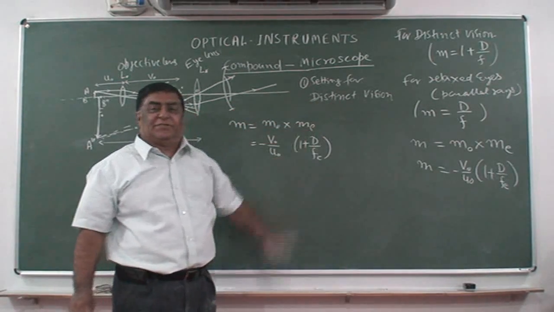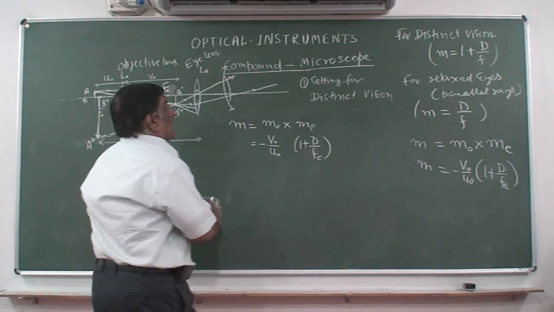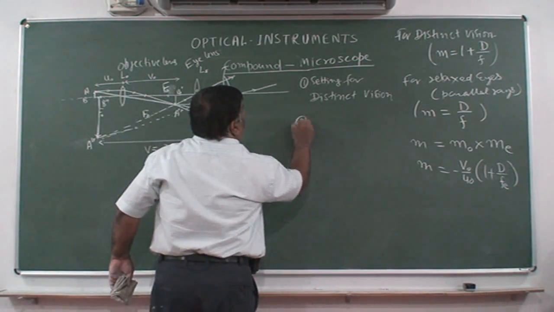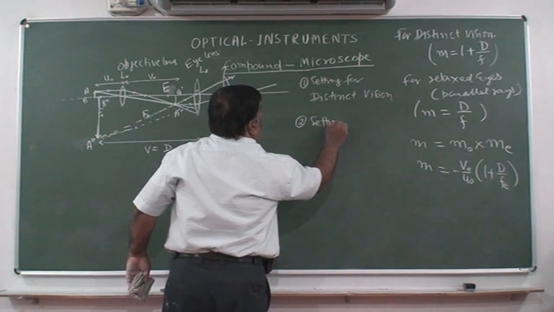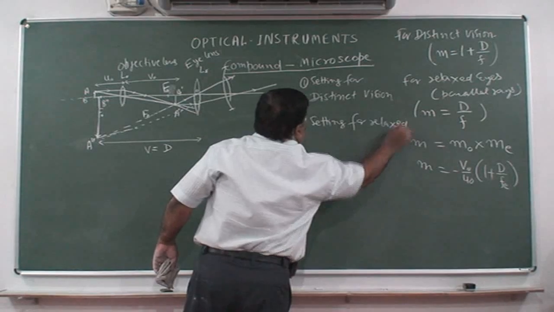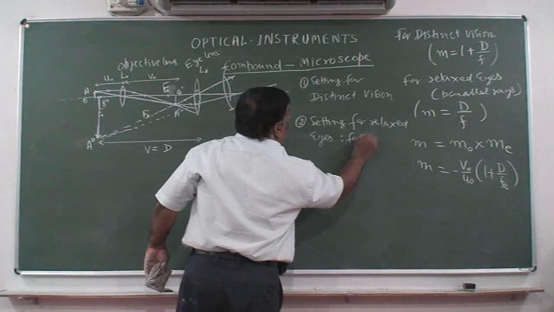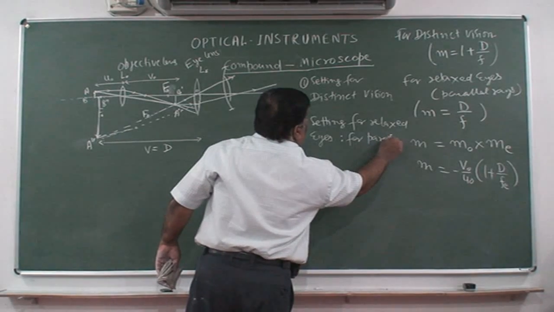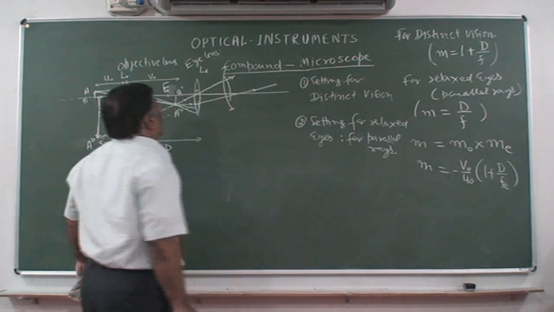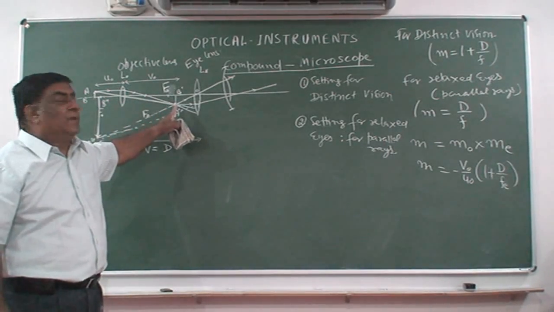Setting is distinct vision. There is another setting of microscope. The other setting is setting for relaxed eyes. That is setting for parallel rays. Now this setting for parallel rays, there will be certain change in the diagram also.